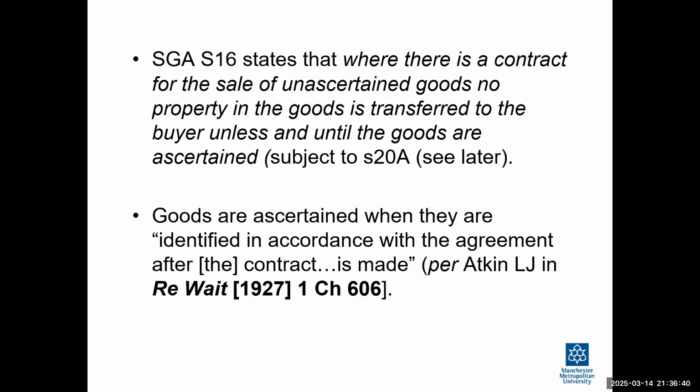So goods need to be identified and agreed upon by the parties afterwards. That would be ascertainment. When it becomes ascertained, then that's when we can talk about passing of property. And the court in Re Wait said goods are ascertained when they are identified per the terms of the agreement.